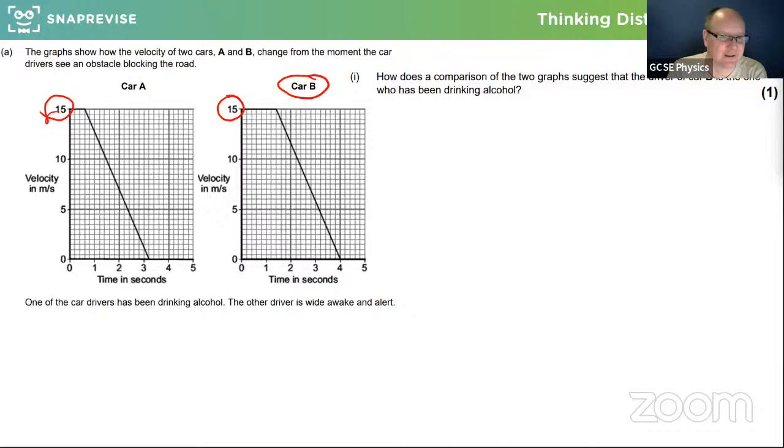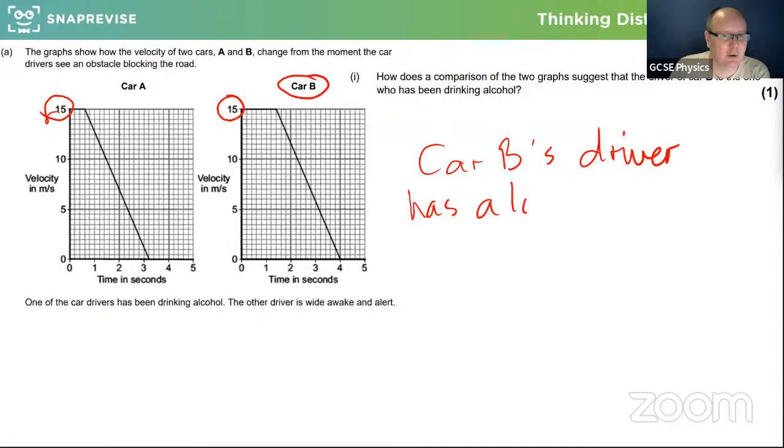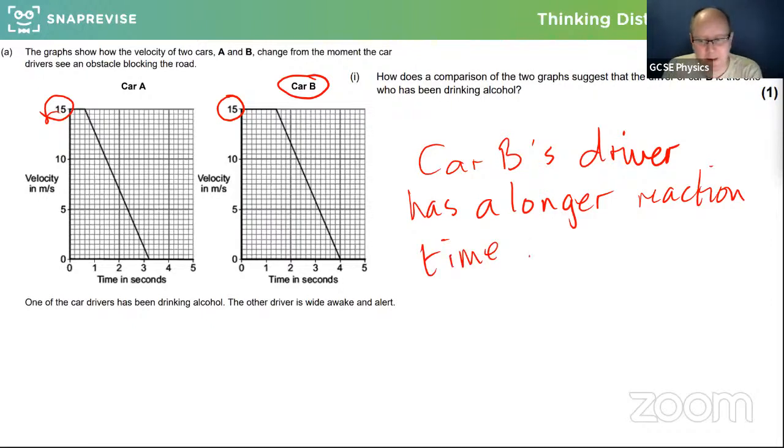And that is going to be car B's. So car B's driver has a longer reaction time. And we can suggest that he may have been drinking alcohol because alcohol will have this effect on someone's reaction time.